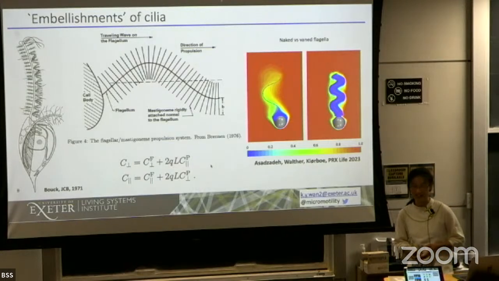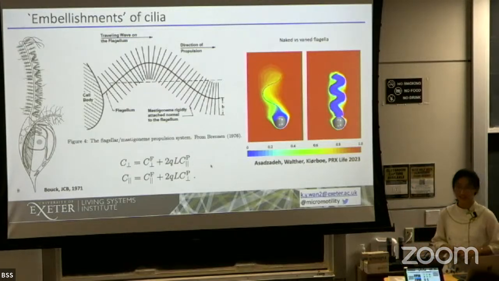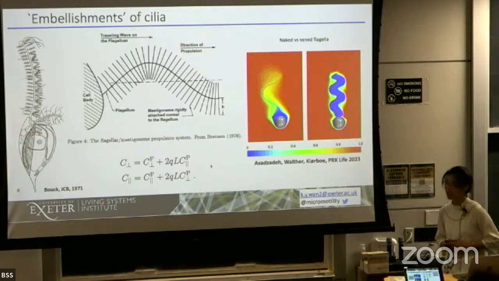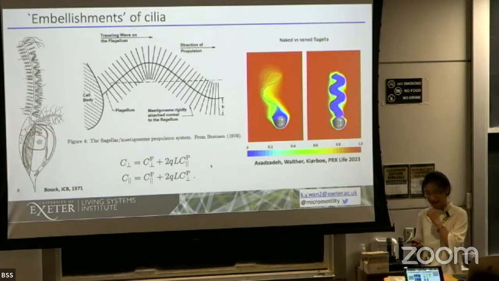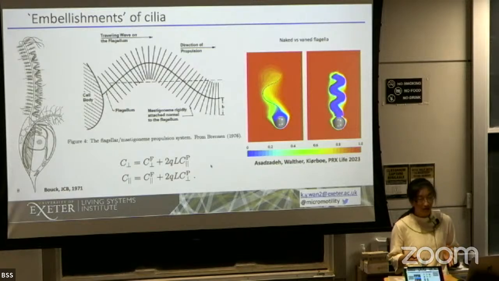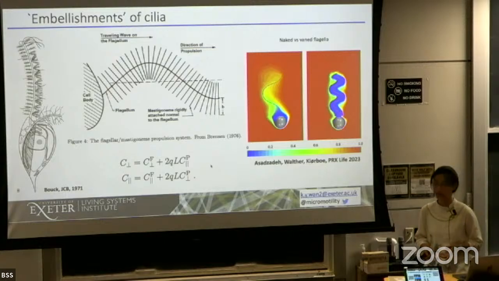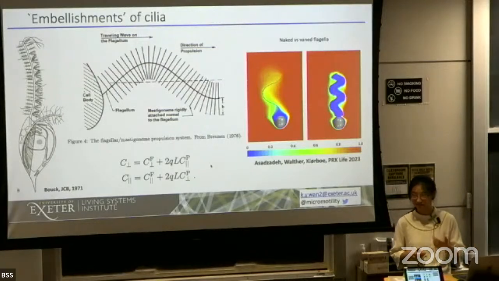And this is kind of what I wanted to emphasize in terms of active actuation mechanisms, because this is something that I like to think of as being more accessible to eukaryotes than prokaryotes. Because if you think about prokaryotic flagella, these are rigid helices that can only be actuated from the boundary.